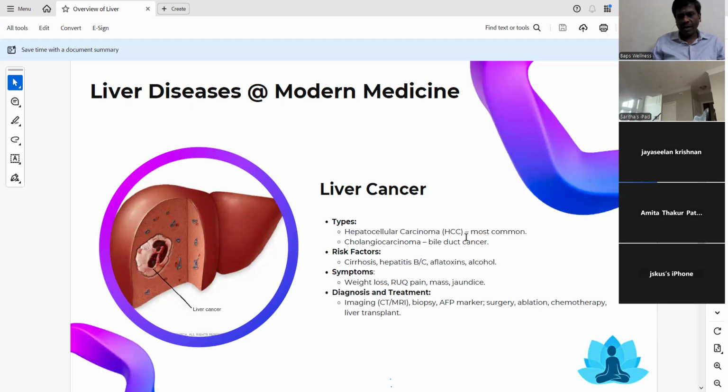And right upper quadrant pain, that means on the right hand side, just below the rib cage, it will be tender pain. A mass will be there, and jaundice.